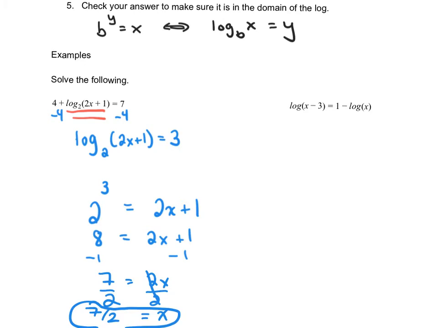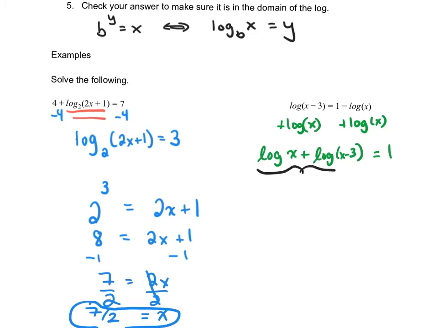So the one next to it: log of x minus 3 equals 1 minus log of x. I'll go ahead and get all the logs on the same side. So I'll add log of x to both sides. When I do that, I'll get log of x plus log of x minus 3, the order doesn't really matter, equals 1.